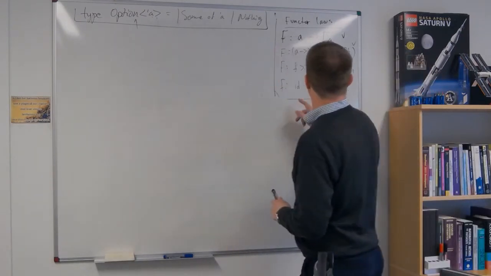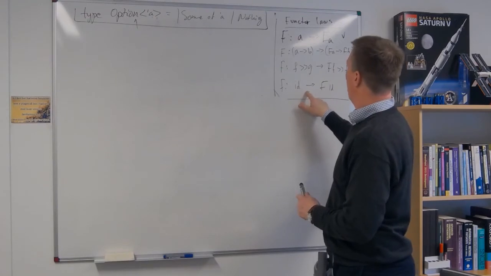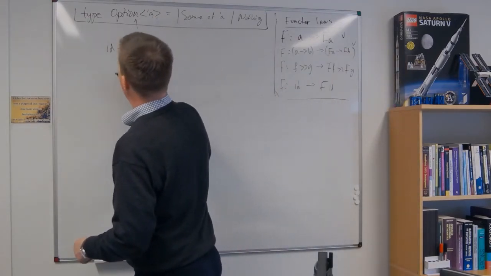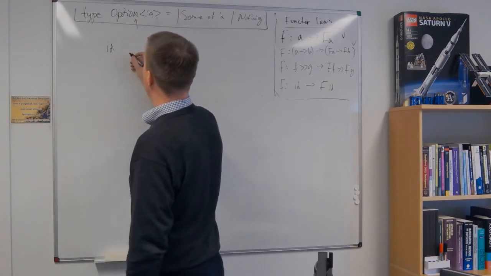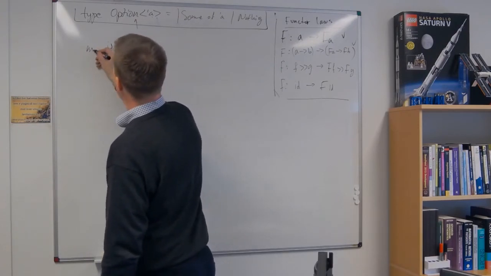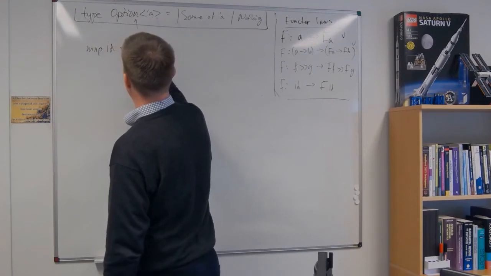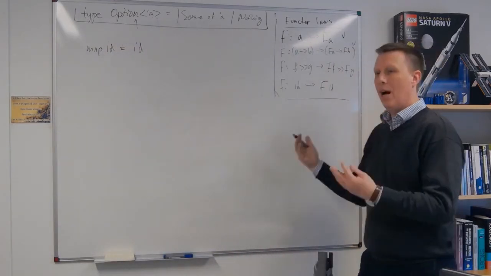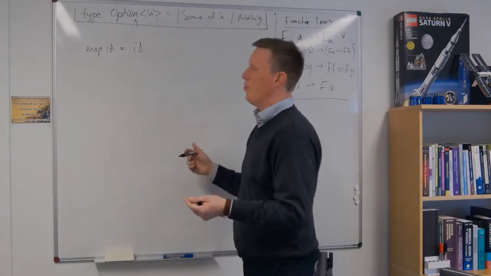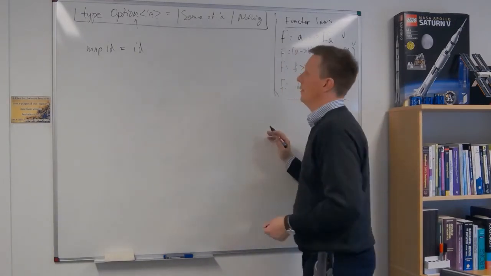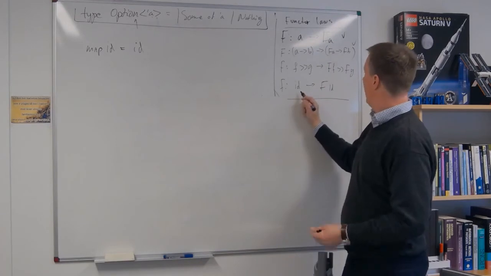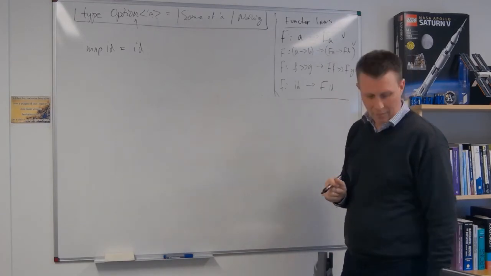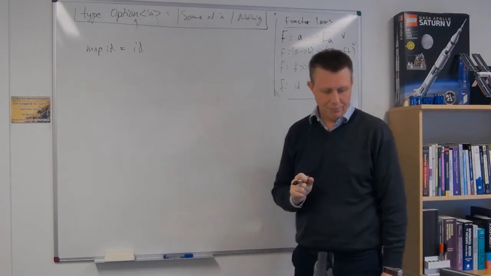What this states really is that if we do map ID, it should be the same as ID. So if I map with ID, nothing should happen, right? That's basically what this states. And let's see if this holds.